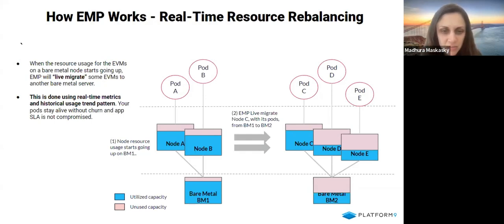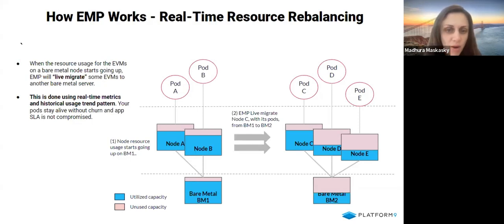And when I say live migrate, I mean live migrate. We have a demo that we show, and it's also available on our website. Your apps would be running on this worker node C. You would have this pod C running in this case, and the pod will experience absolutely no downtime. It would continue to run as the worker node behind the scenes is getting migrated to bare metal 2.